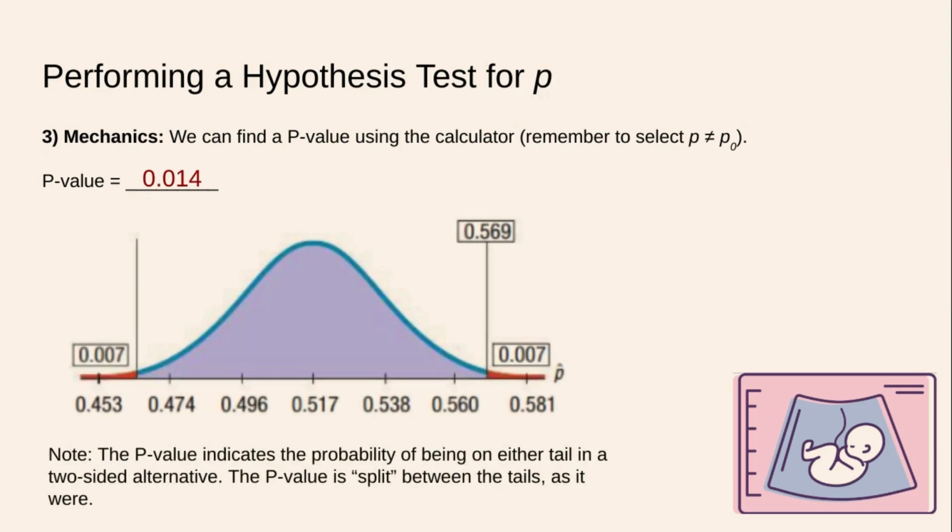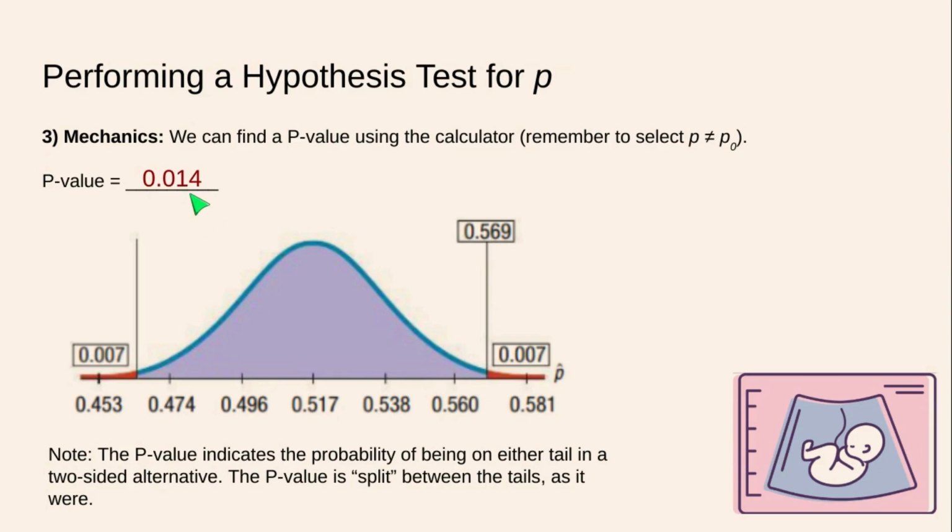Well, let's look at this graph here. A result as far away from our assumed population proportion as 56.9% yields a p-value of 0.014. Now, note we are looking to see if there is some sort of significant difference.